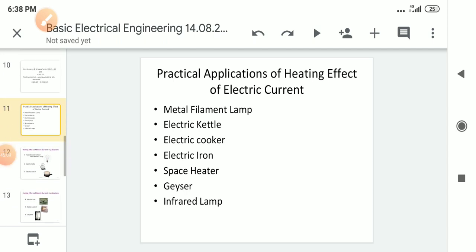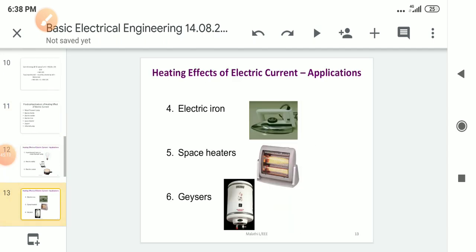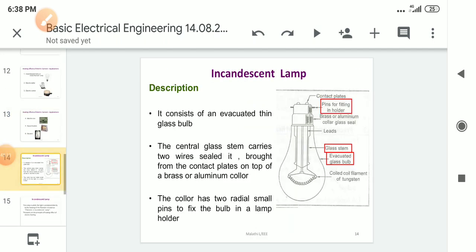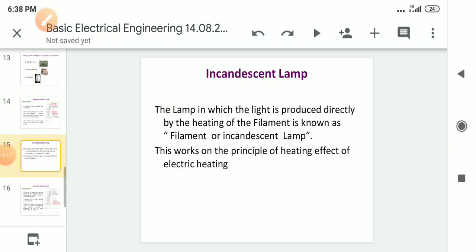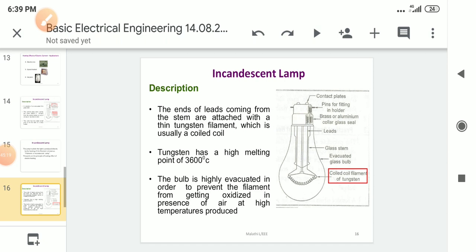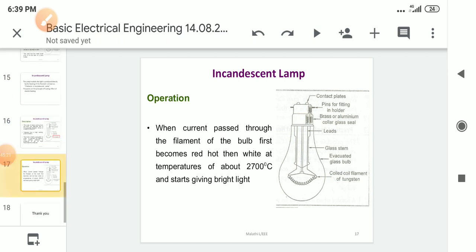These are the different applications we saw. In that we talked about the incandescent lamp, its basic principle, the description of different parts involved, and after that the operation and working of this incandescent lamp. We learned this.